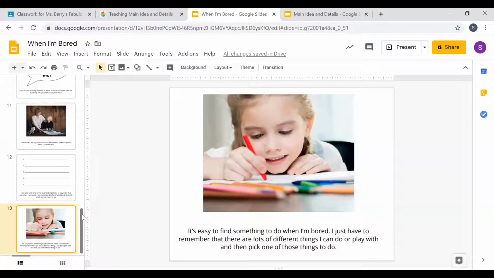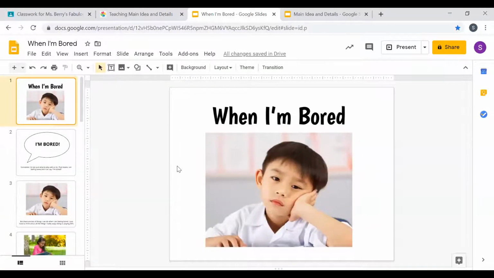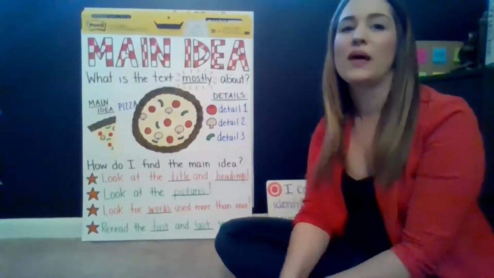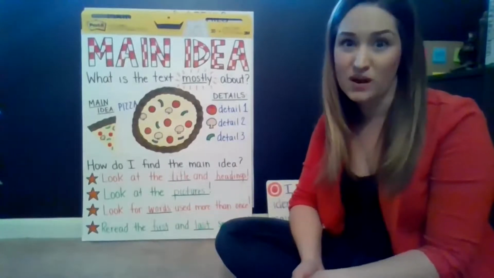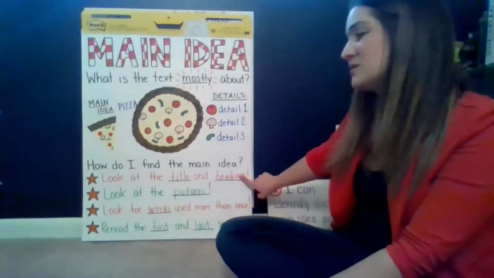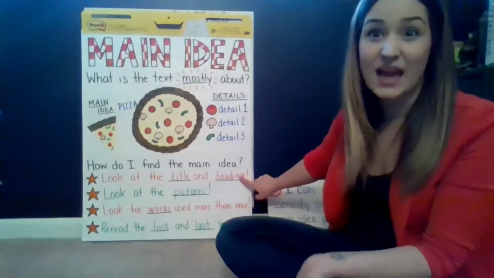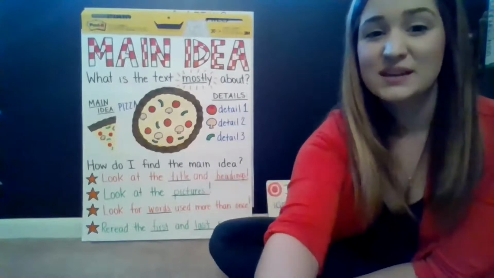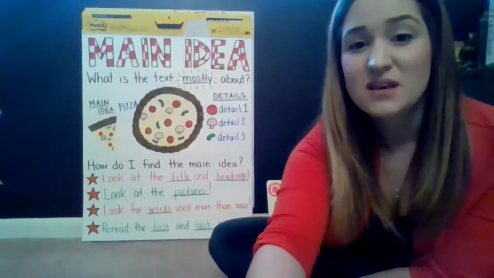Awesome. What a great story that was. So let's take a look back at our chart that we were making together. And I want to talk about how we can find what the main idea of that book was. The first thing that we remember to do is to look at the title and any headings if there were. This one didn't have any headings, but we can take a look back at the title.